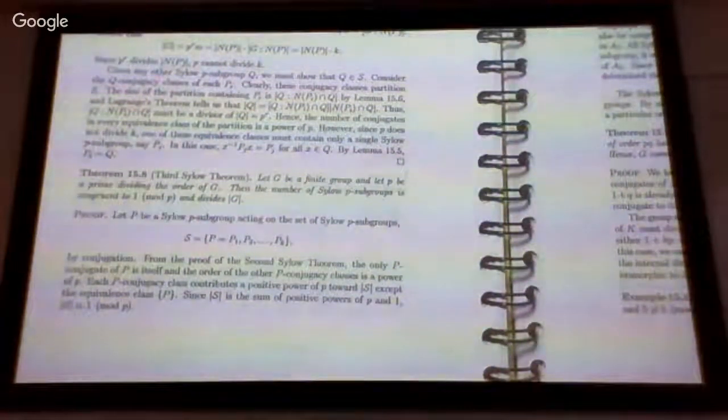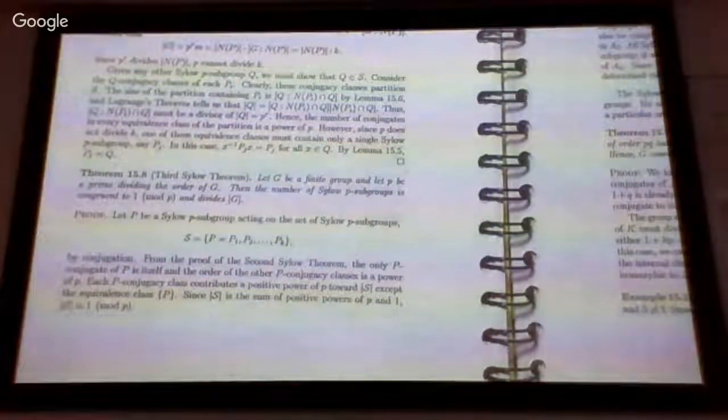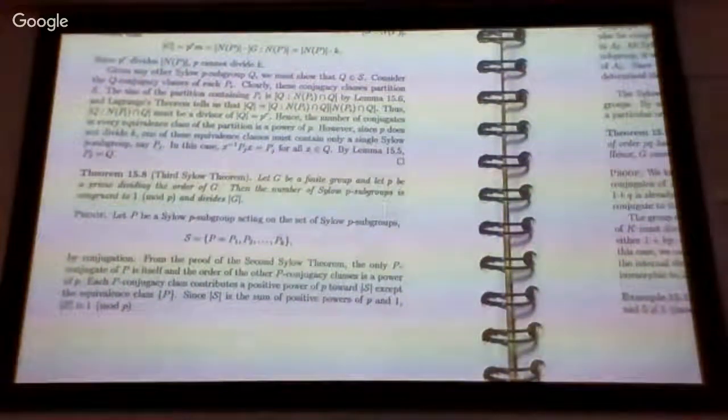So K, which is the size of curly S, is the sum over the cells of this partition of the number in each cell. So let's count them.